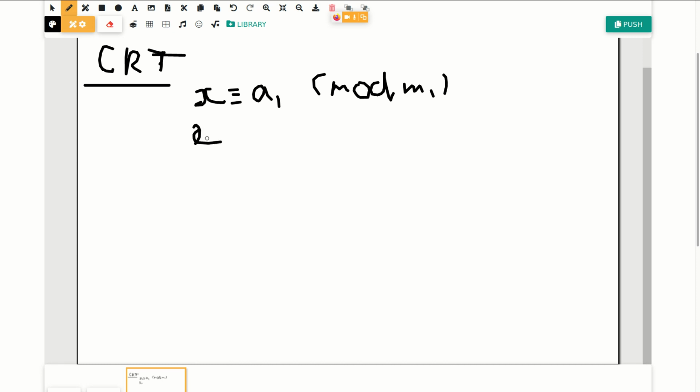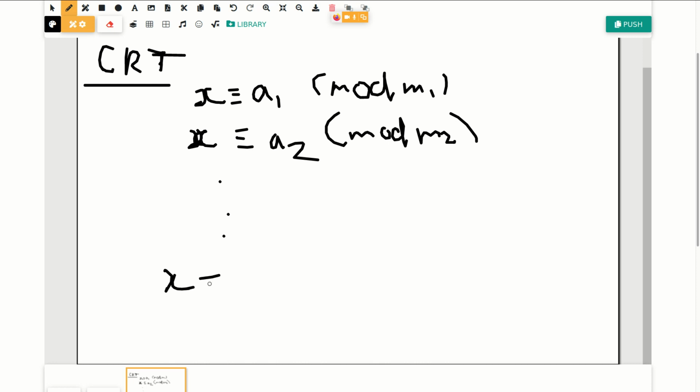x is congruent to a2 under mod m2, and in this way we have n different congruences here.